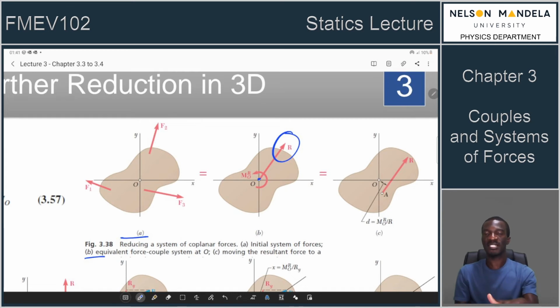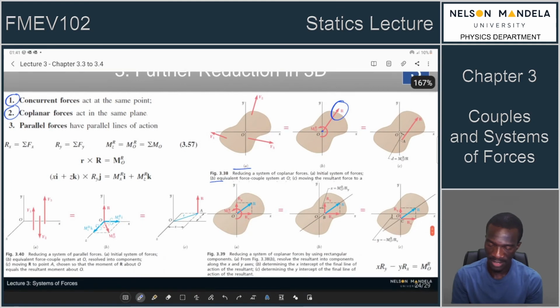But because we had to work around using the previous method, we ended up having a turning effect. Now that resultant can be the only single force in the system if we move it in such a way that it is located at a point that generates the same turning effect as this turning effect. In that way, we can actually remove the MO moment resultant.